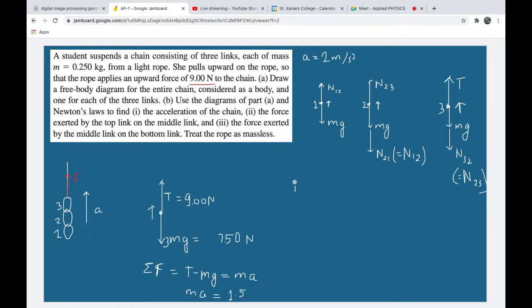Remember that this is N12 minus Mg will give you Ma. This is my first equation. Second equation will come here.